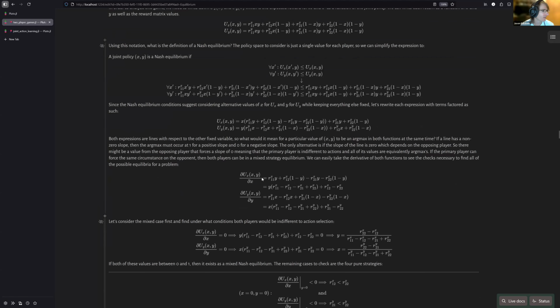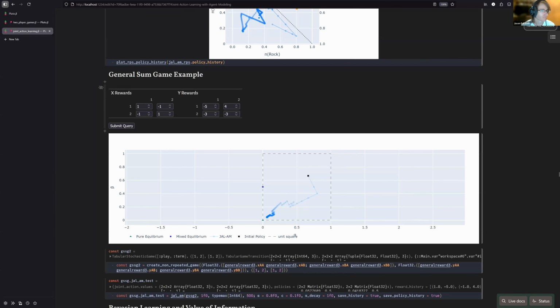But we do have these gradients. So for a more complicated problem where we can't just solve it exactly, perhaps we can use the gradients to iteratively compute what the policy should be. And that's the idea behind the policy gradient methods.